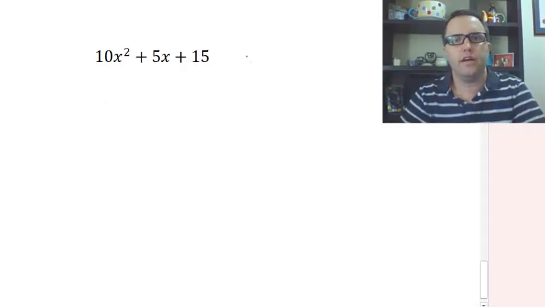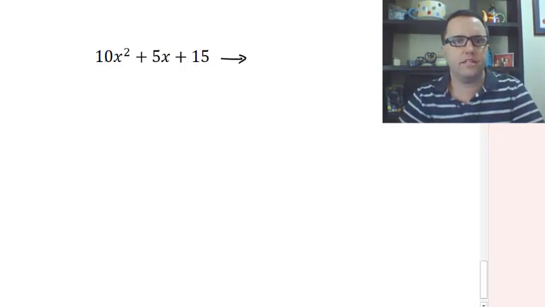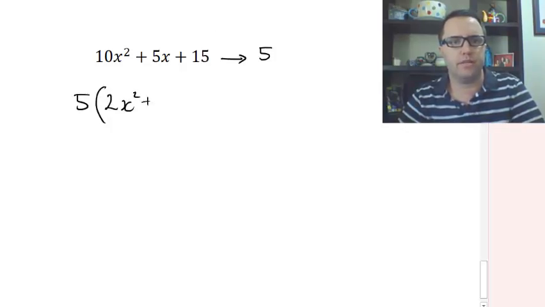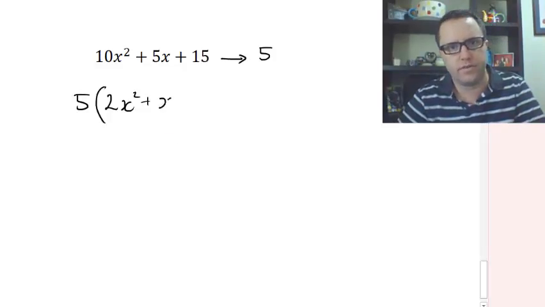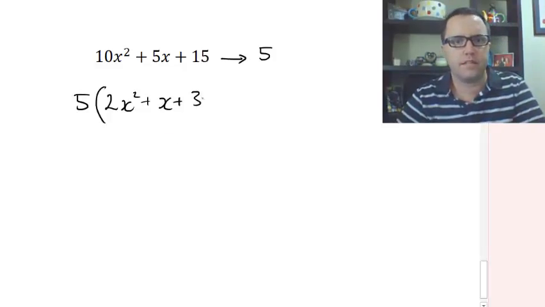They've all got a common factor of 5. So we're going to put 5 out the front, and we would have 2x squared plus 3x plus 1.